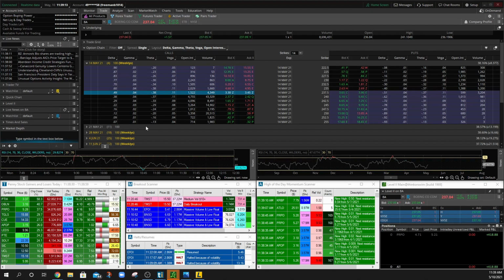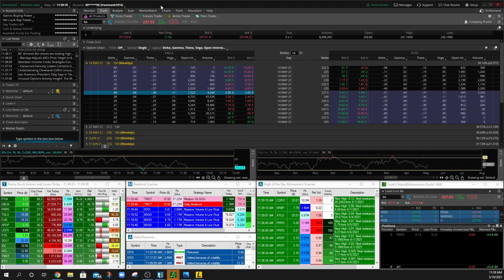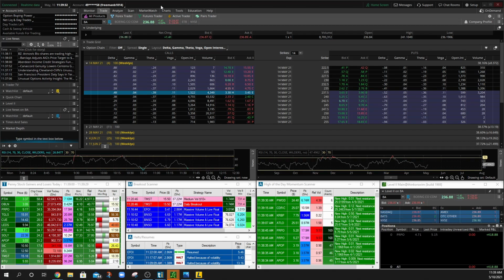So if Boeing comes down 50 cents and hits our stop level, how much would we lose on that contract? Anyone? I'll give you guys a couple seconds. I want to make sure you're all on the same page, that you understand how the delta works per dollar move. And I want to see who's listening. How much would you probably lose on that trade, guys?